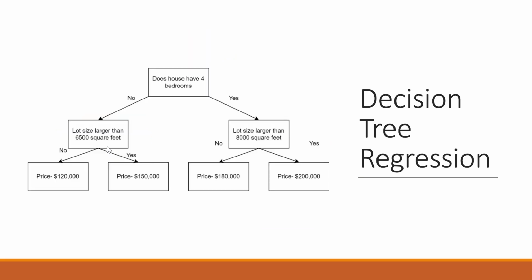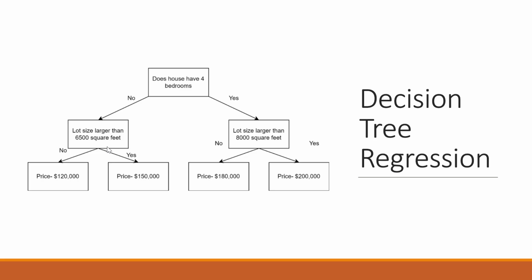Now if I discuss one example related to decision tree, here on the screen you can see one representation. We are utilizing this decision tree model to predict the price of a house based on multiple features of the house. For instance, first the model will check if the house consists of a minimum of 4 bedrooms, and based upon that it will take one decision.